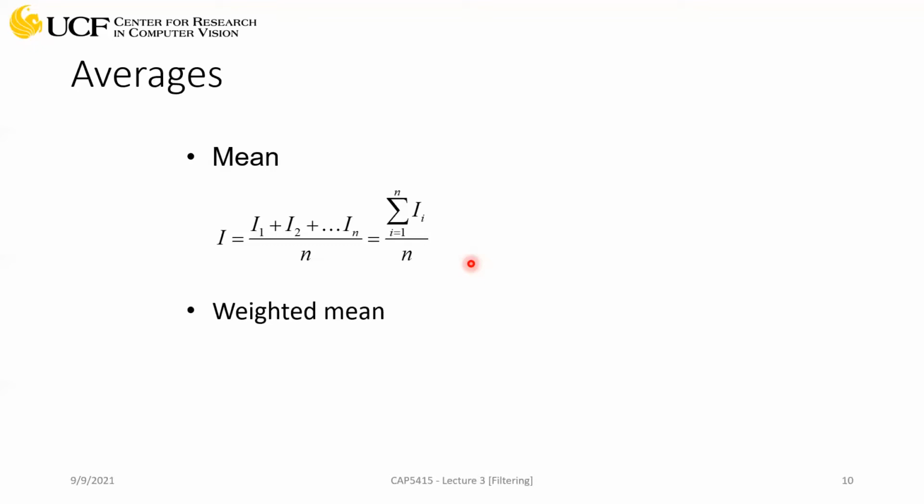The other interesting concept which is related is weighted mean. You might remember when we were talking about the linear combination of columns, right? When we were talking about matrix multiplication. So it's somewhat relevant. In this case, for each number, you have some kind of weight, and then you add up all those values, and again you try to normalize by the total number of elements you have in your input.